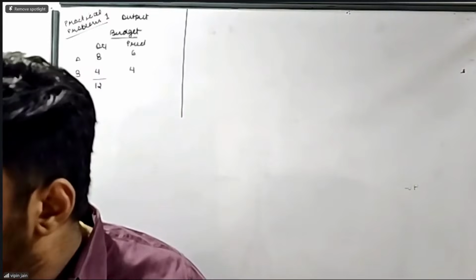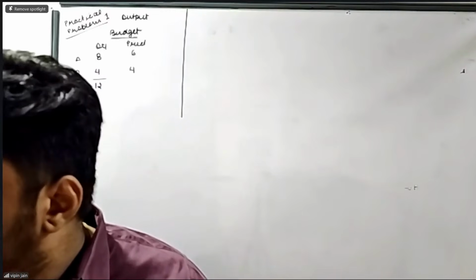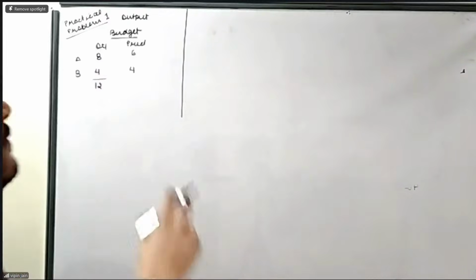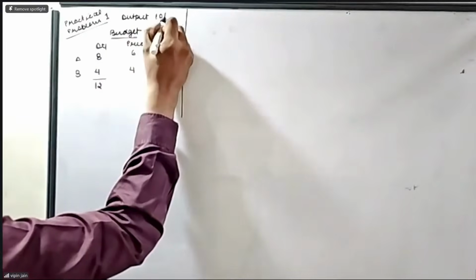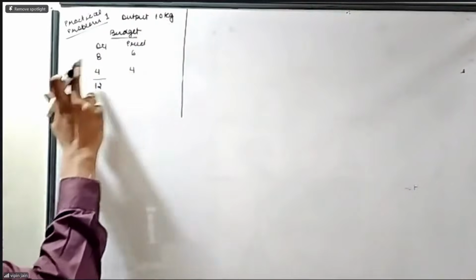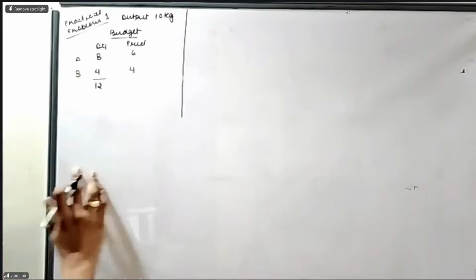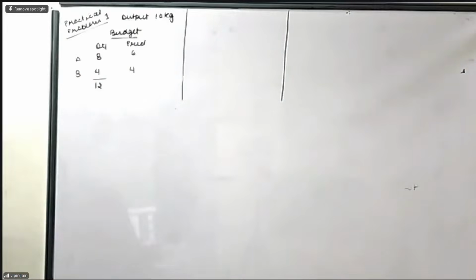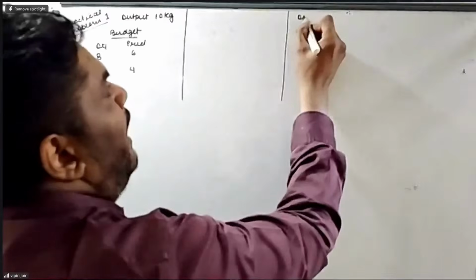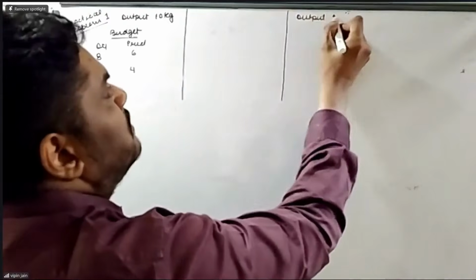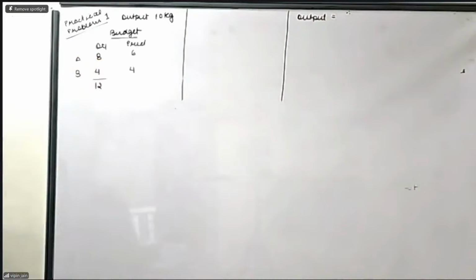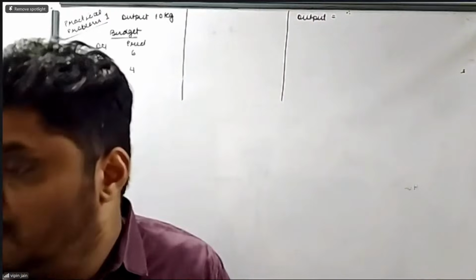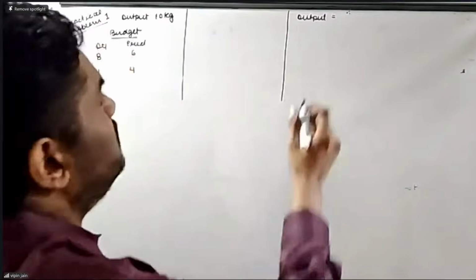So to manufacture 10 kgs, we require 8 kgs of A and 4 kgs of B, right? Yes, sir. Okay. Now, actual output is how much? 1000 kg, sir. Very good.